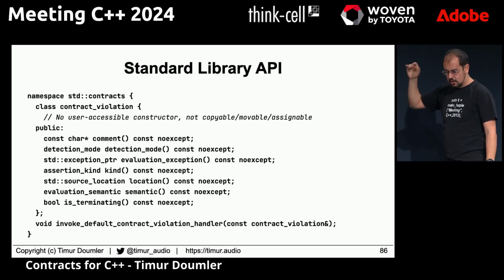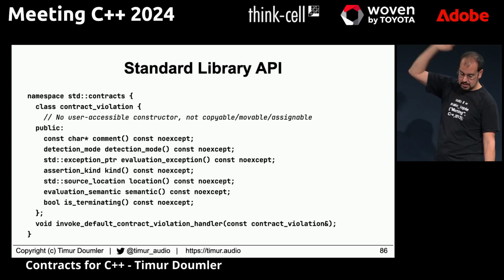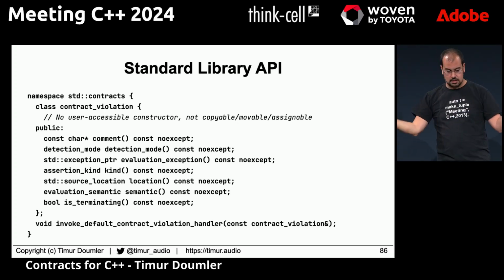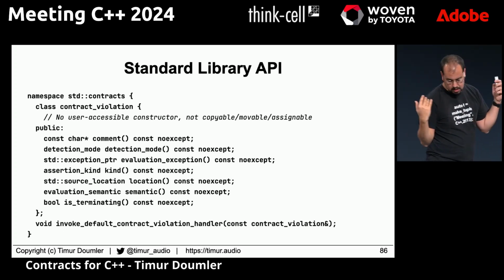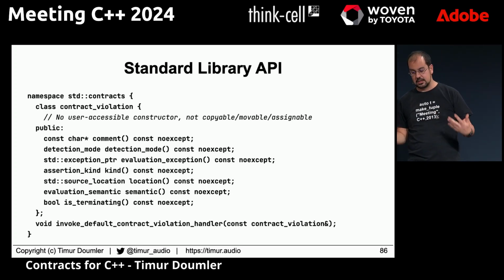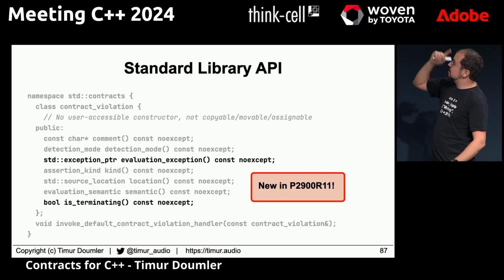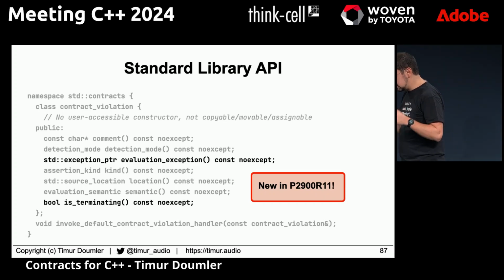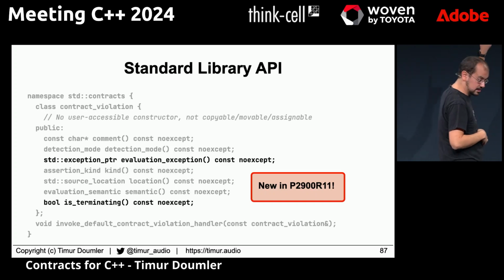So the contract violation handler is called. You get this object passed in, and then it has these member functions here that let you figure out what happened. Comment gives you a string that tells you what happened. Then location gives you a source location of the contract violation, etc. There are two member functions here that we added in the latest revision, which is not public yet: if the predicate didn't actually evaluate to false, but you got an exception while you were checking the contract, you get access to that exception here.